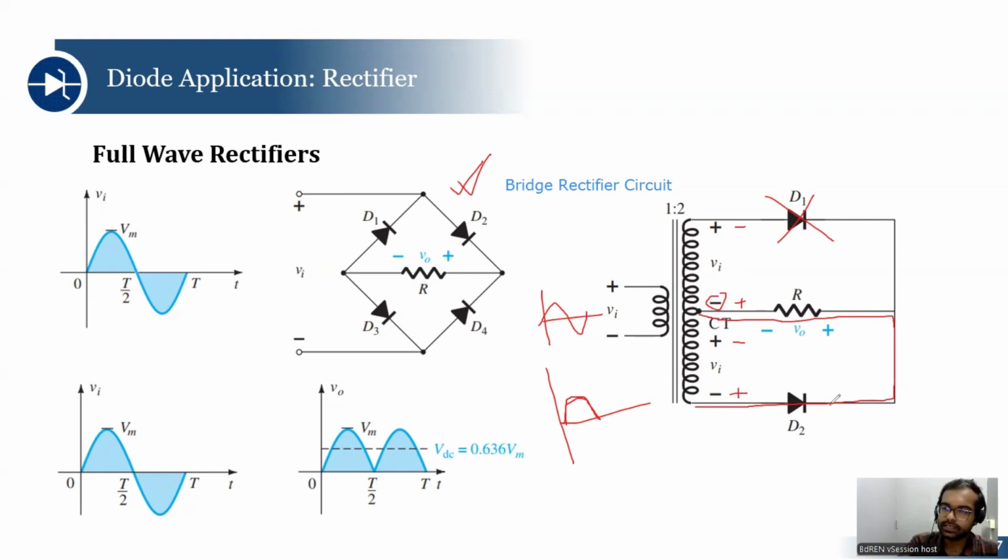In both cases, the current is flowing through the resistor in the same direction, and we get the output for the negative half cycle as it is. So let's compare. We got the same output from the bridge rectifier circuit and this type of transformer circuit. But the difference is the bridge rectifier circuit requires 4 diodes and this type of circuit requires 2 diodes. Have you understood?